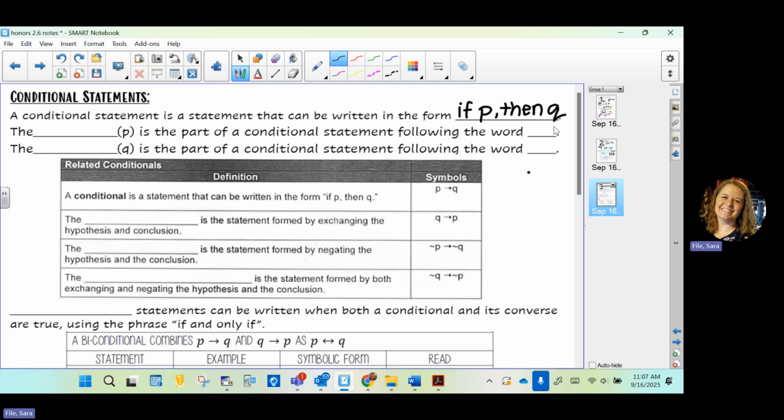My if is you give a mouse a cookie. That's called the hypothesis of the conditional statement. So the hypothesis is the P portion, what comes after the word if. The Q, what comes after then, is called the conclusion.